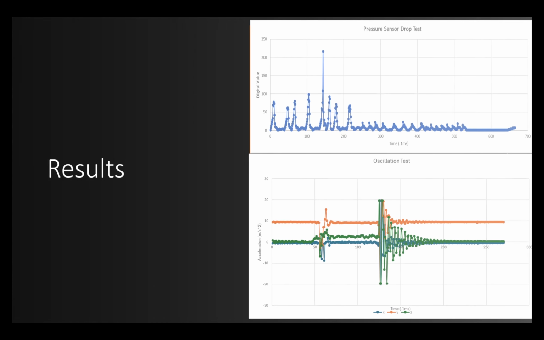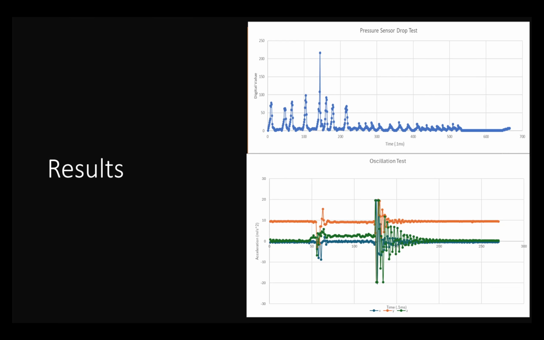As Brent just covered, we had two forms of testing that we performed already. The first one was with our pressure sensors and the bearing drop test. That is the top graph here. What we can see here is a progression of first dropping with a very thin layer of gel directly on top of the sensor.